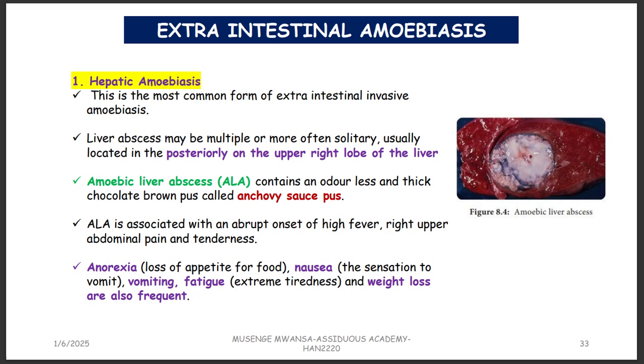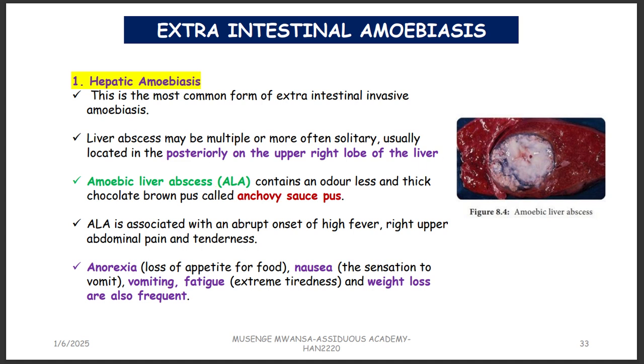So hepatic amoebiasis, what happens here? Hepatic amoebiasis is the most common type of extraintestinal amoebiasis. Here, the liver is the one that is involved.